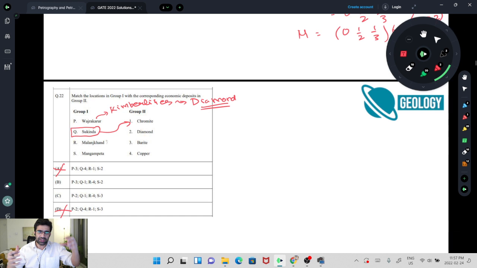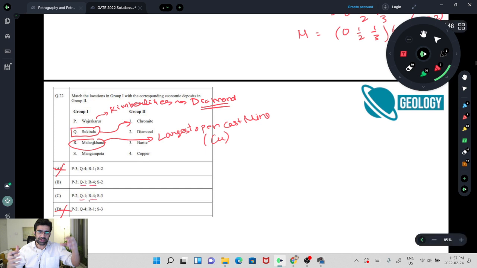Now Malanjkhand, this question came so many times in your test series. You have the largest open cast mine in India, and this is basically a copper deposit. So R will go with 4. So you cannot eliminate any further.